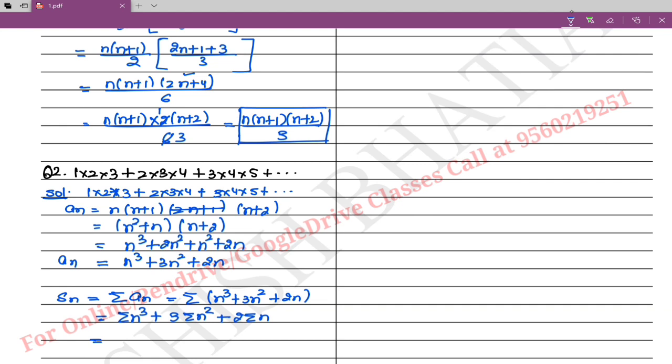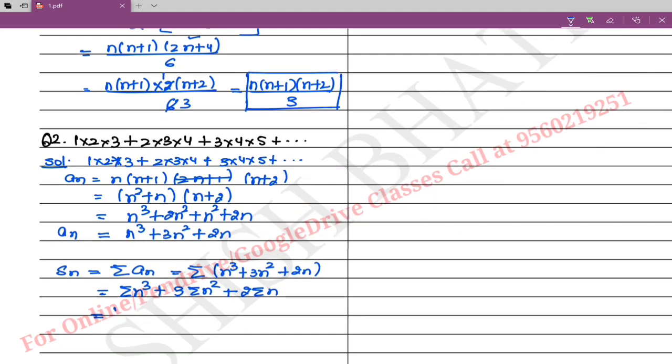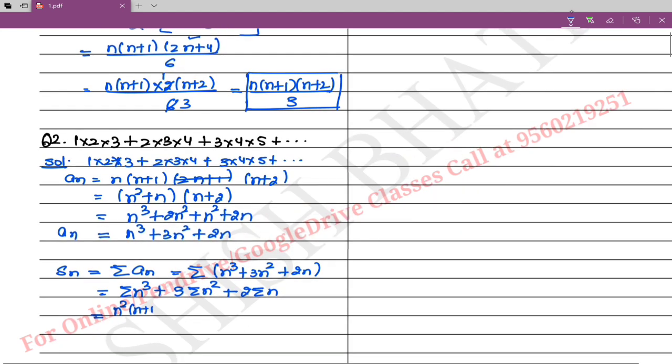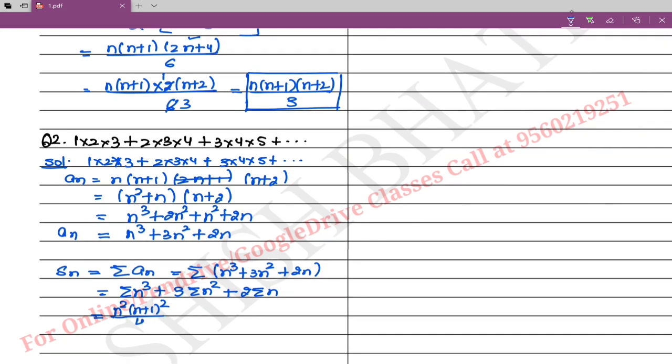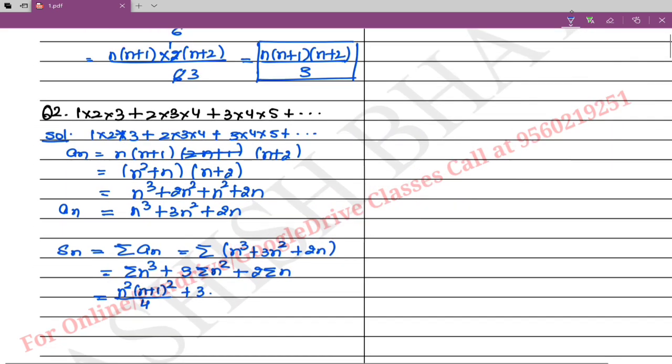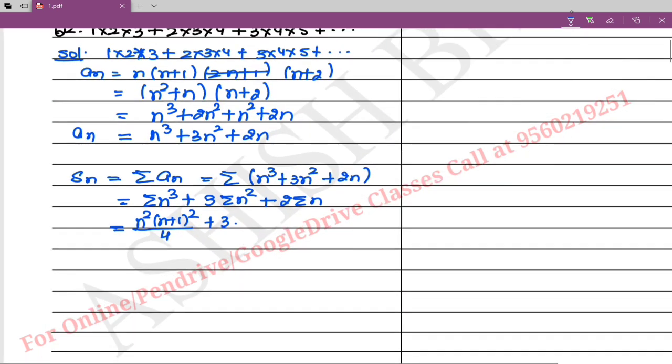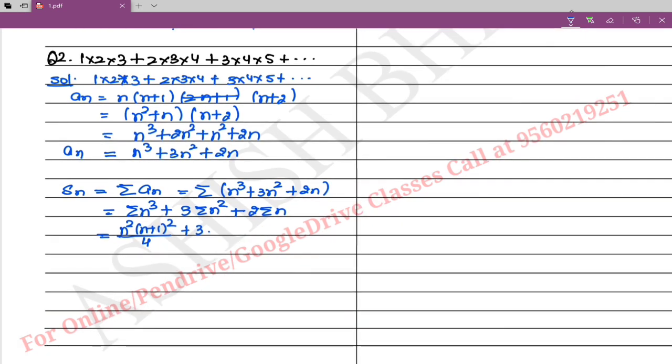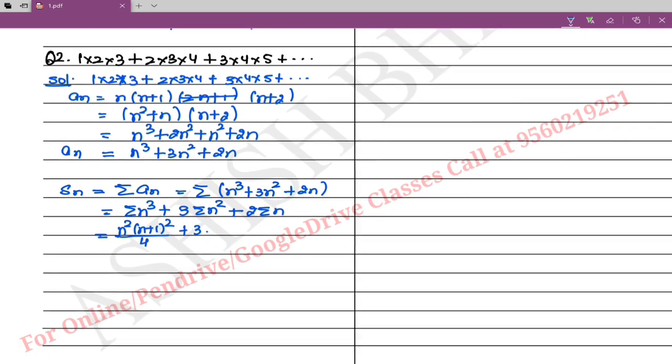Now going by the formula, summation of n cube is given by n square into n plus 1 whole square divided by 4 plus this 3 is as it is into, now in 11th class I hope you know that dot means multiplication also. So going by the logic, summation n square means n into n plus 1 into 2n plus 1 by 6, and in the same way 2 summation n is n into n plus 1 by 2.